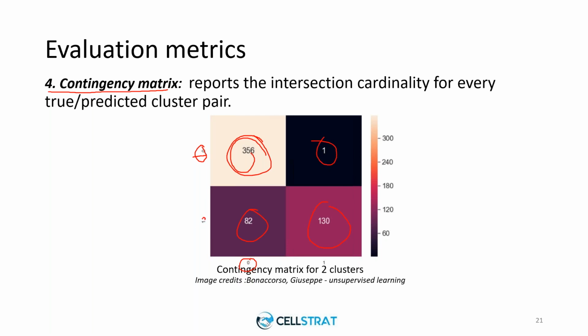So it's supposed to be clustered as 1, but it's clustered as 0, and this is supposed to be clustered as 0, but it's clustered as 1. This is the equivalent of what you see in supervised learning. In unsupervised learning, you call this the contingency matrix.